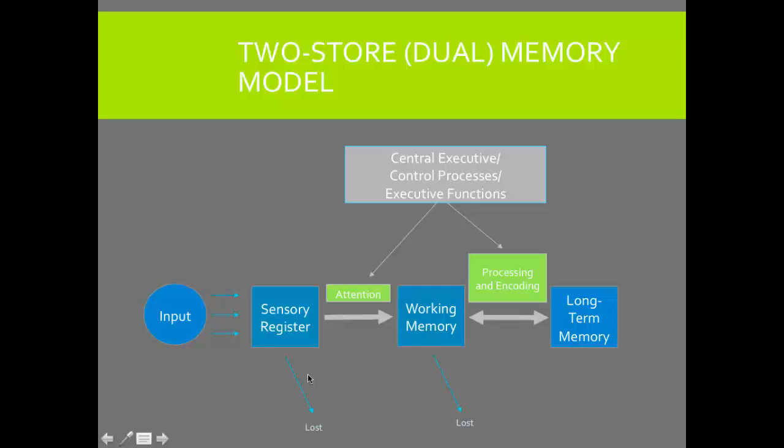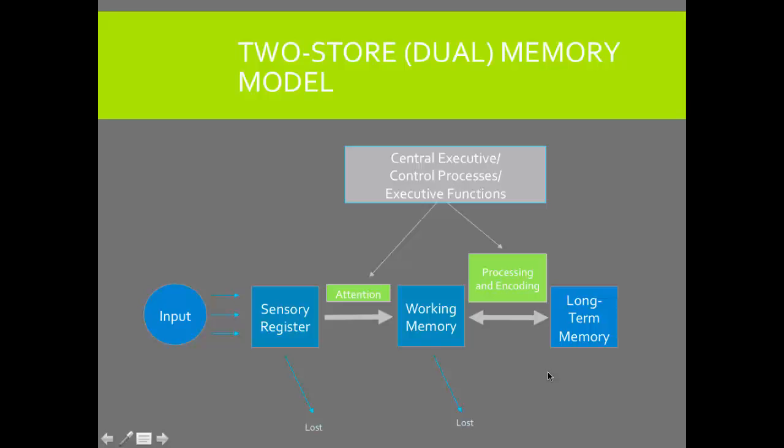So again, we're taking in new input or information through our sensory register into our working memory. At the same time, we're recalling from long-term memory things that are relevant to the information that we're taking in, and all of this is coming together and being processed in our working memory.